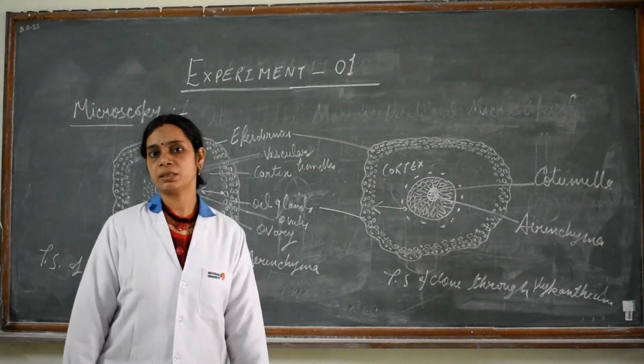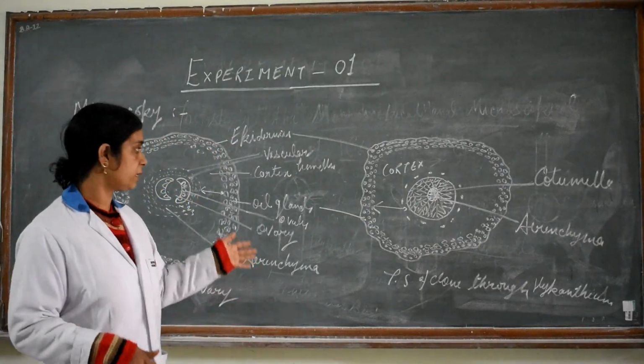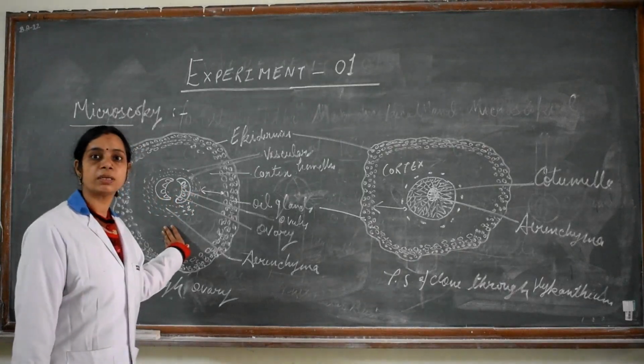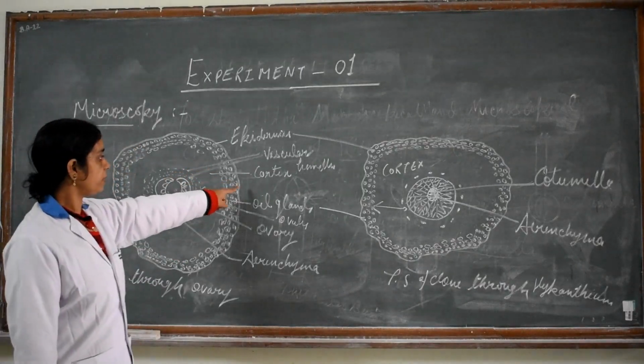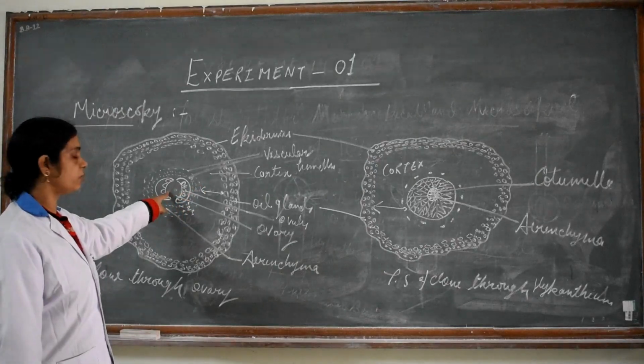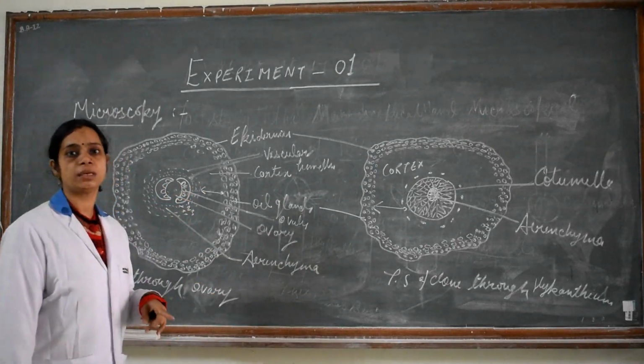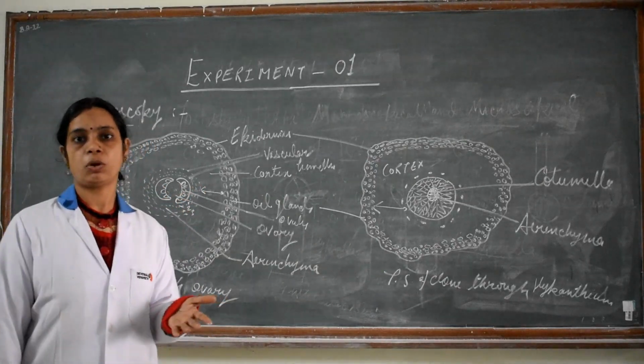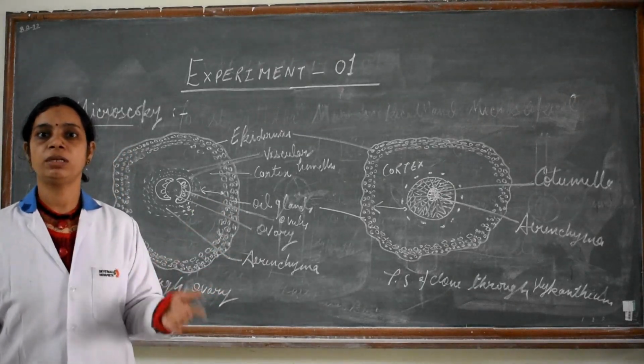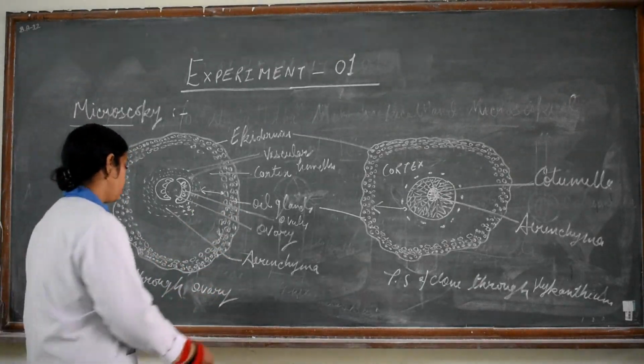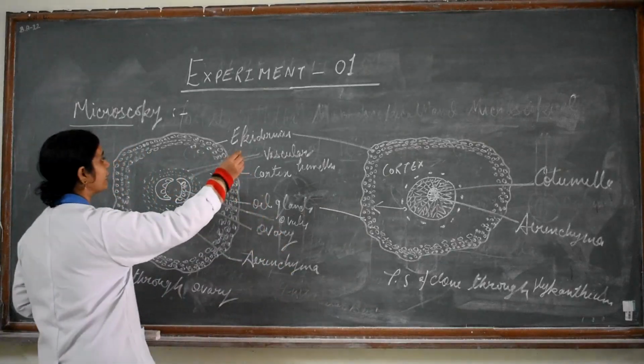So what is the difference between the powder study and the sections? In the sections you can see each and every cell as well as the section, whereas in the powder study you cannot see each and every tissue or its arrangement. So in the powder study what are you going to see? You are going to see the oil globules.